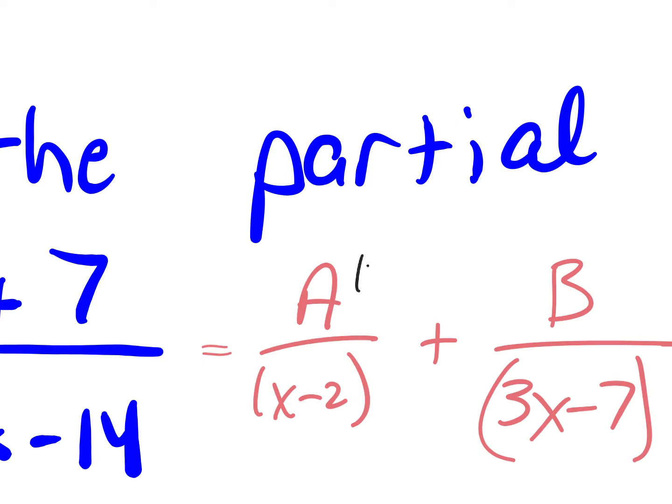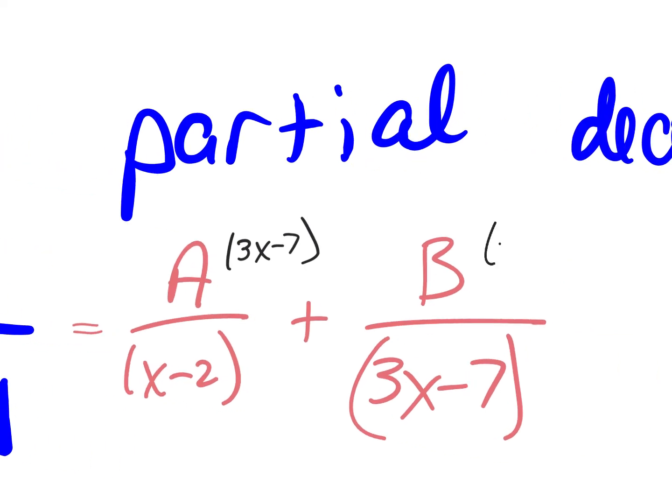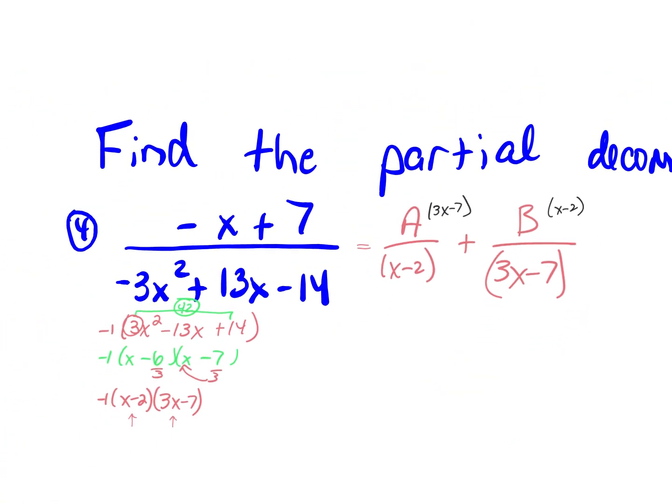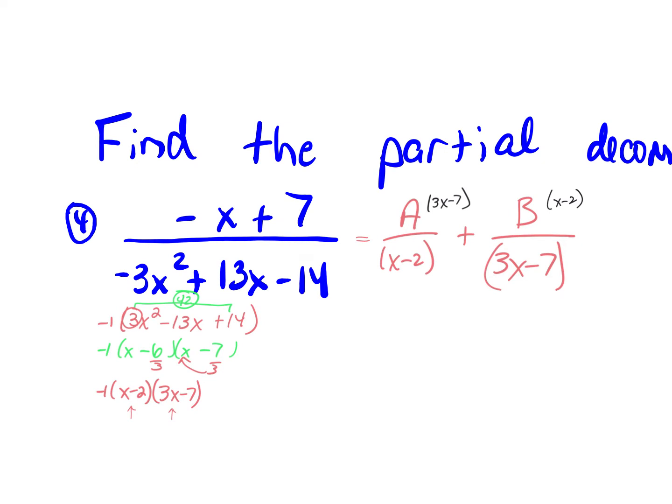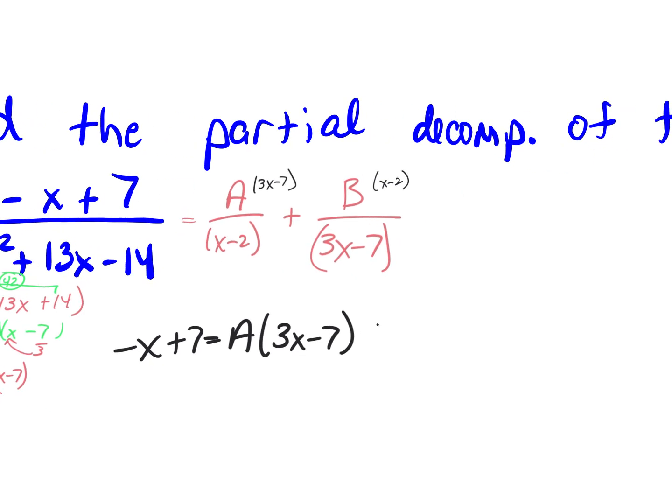It needs 3x minus 7. B has 3x minus 7. It needs x minus 2. So now we have created an equation that is balanced. Negative x plus 7 equals A times 3x minus 7 plus B times x minus 2.